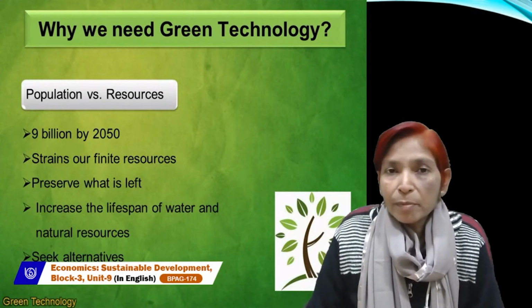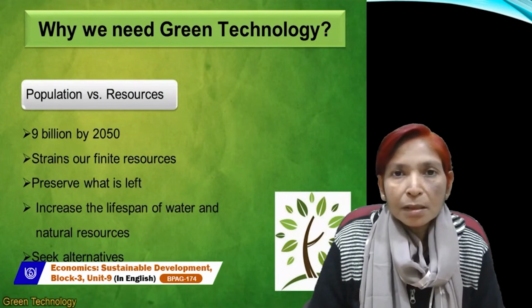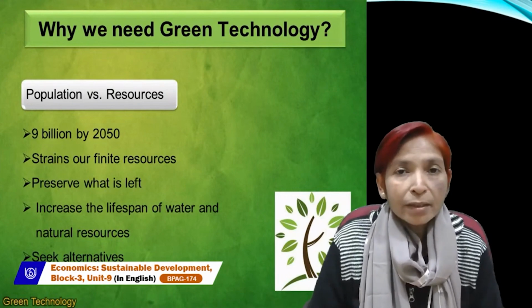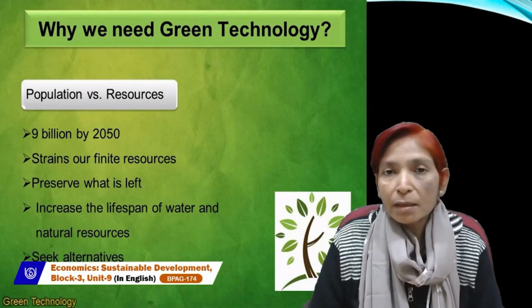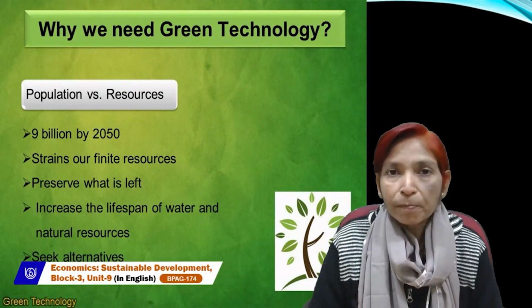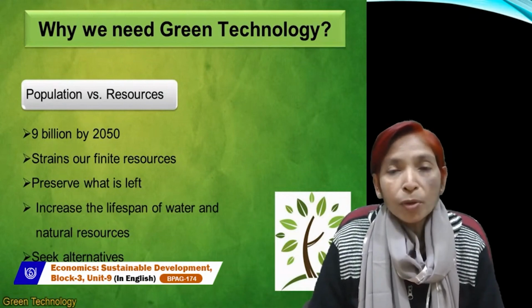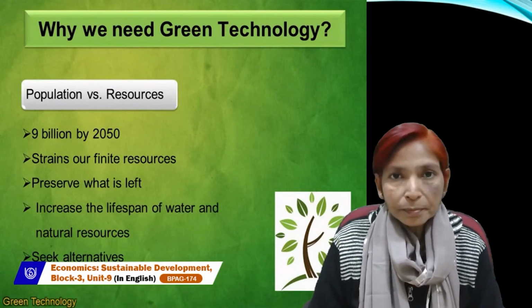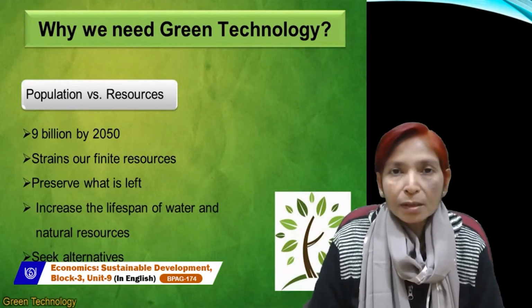At present, the population of the whole world is 8 billion. But it is predicted that the population will increase to 9 billion by 2050. It means 1 billion people will be added in 30 years and will strain our finite resources.